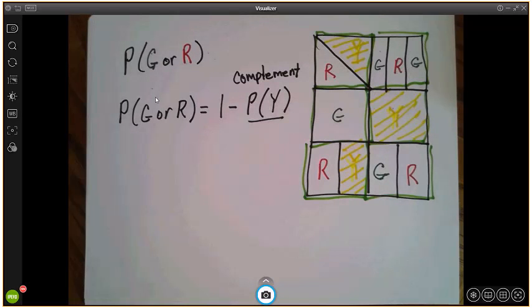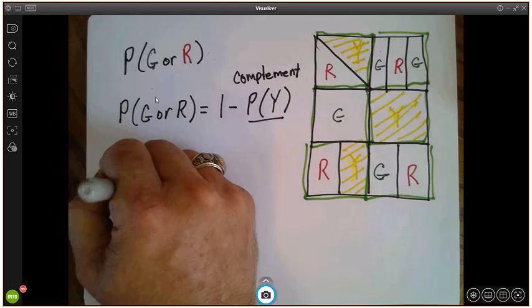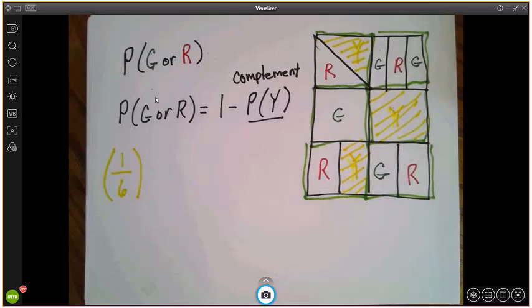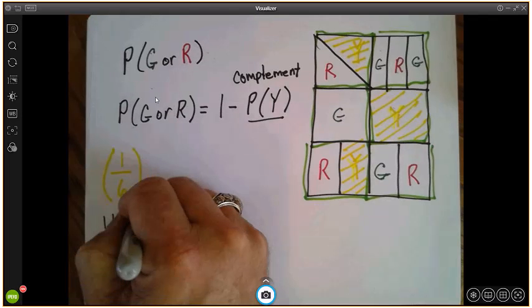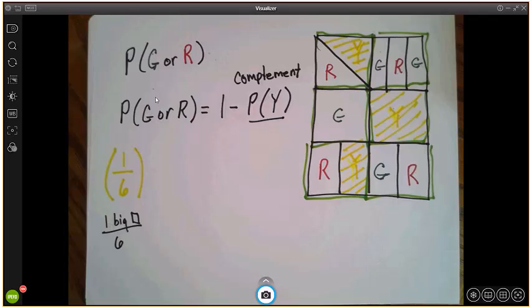One big square is yellow. So I'm going to put 1 over 6, and that stands for one big square out of 6.